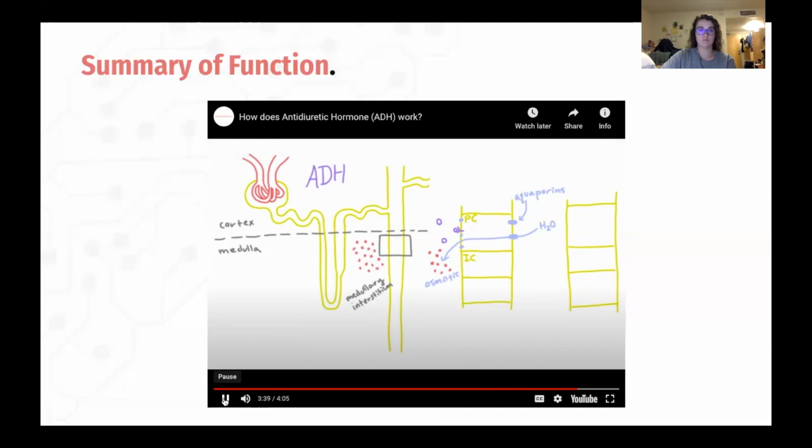But for now, just understand that the driving force for water reabsorption is this high concentration, and the high concentration is always here, but it's only when you have ADH, which comes along and puts aquaporins here in the apical membrane, that you're actually using this high concentration to drive reabsorption of water. If you don't have ADH, you don't have the aquaporins, and therefore you can't make use of that osmotic difference.